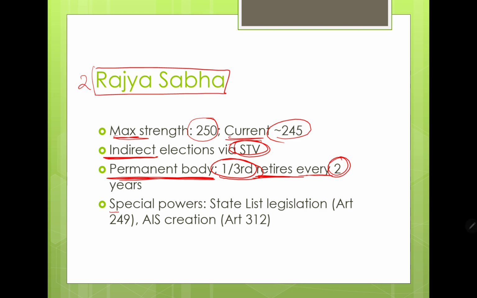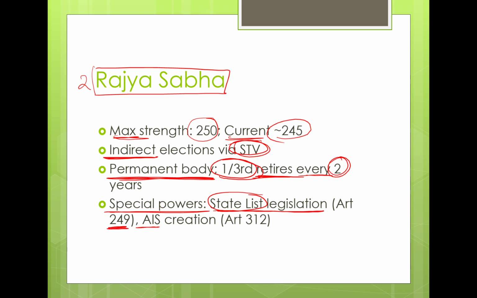And it has two special powers. One is that whenever there is a legislation regarding the state list, if you want to add some rule in the state list, which comes under Article 249, that power is with the Rajya Sabha.